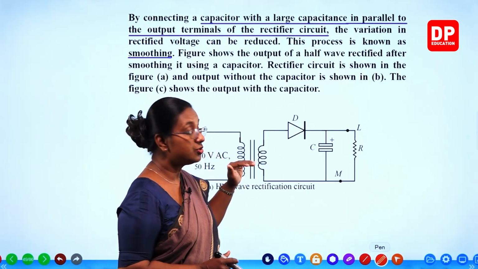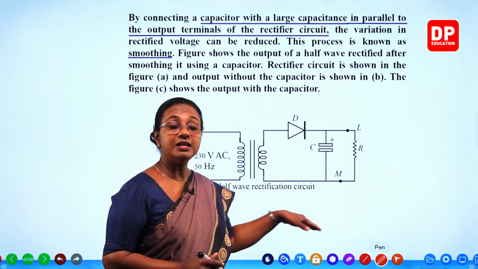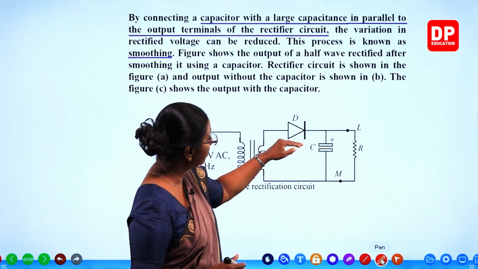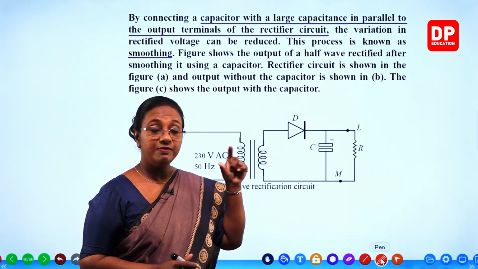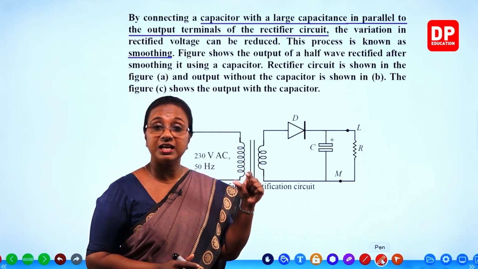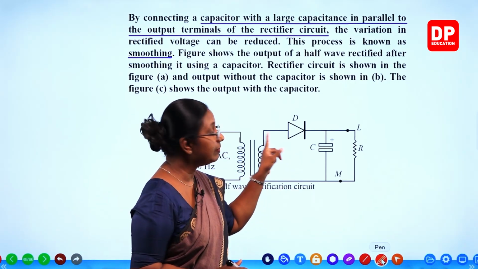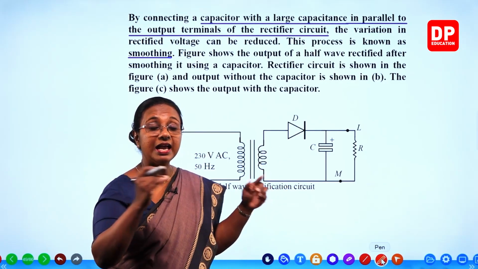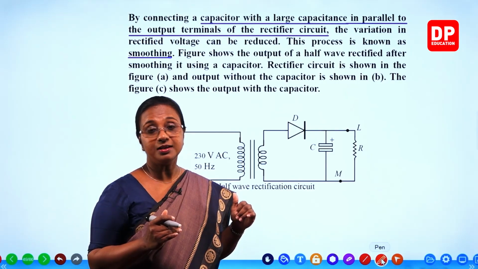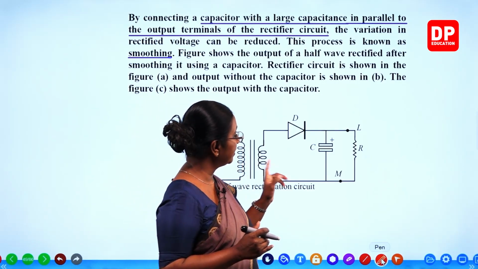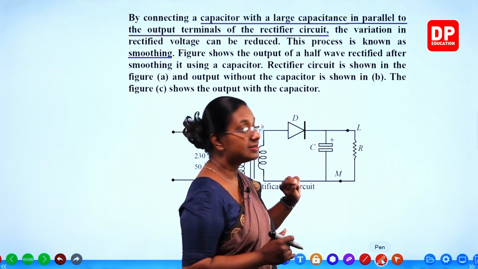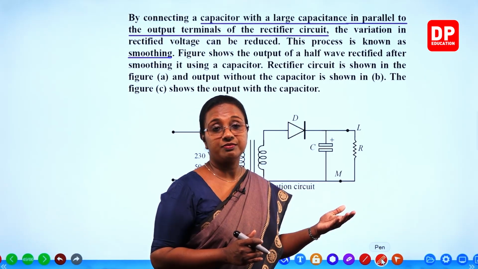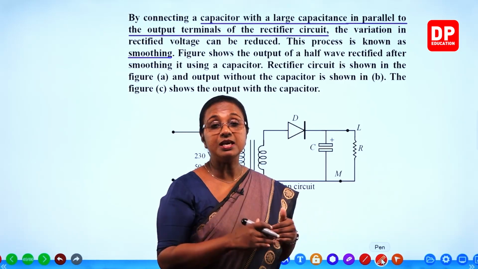Then when the negative half cycle is flowing, there will be no current flow through the diode. You can remember that. That is why we get spaces between the curves. So the capacitor will discharge, and because of that, the gap will be reduced.